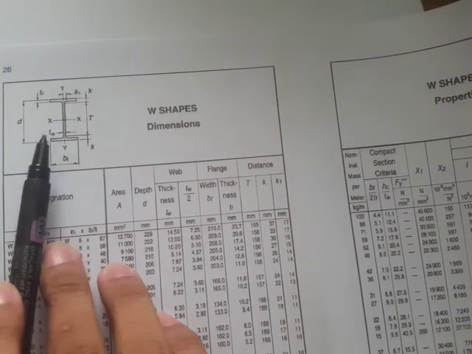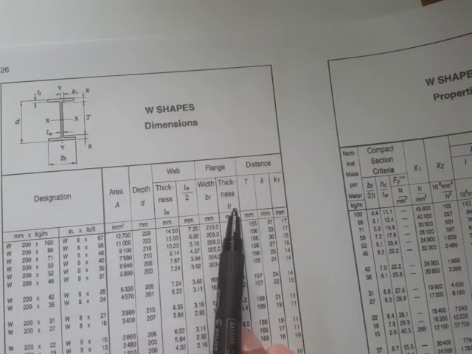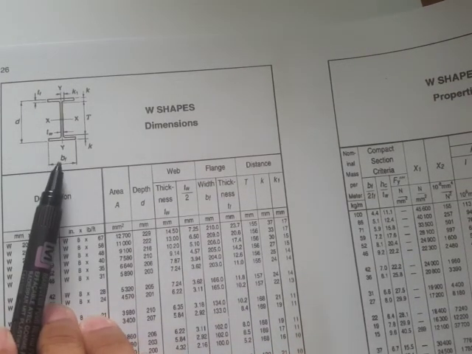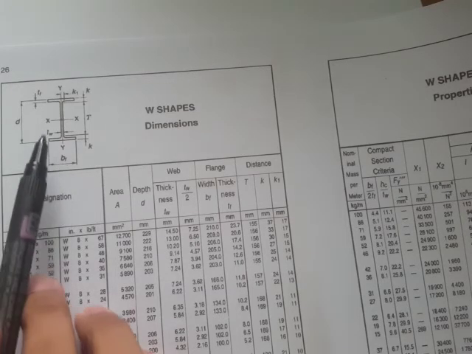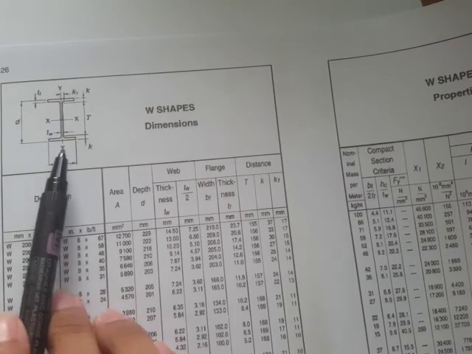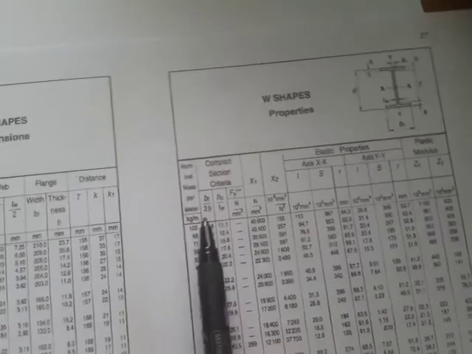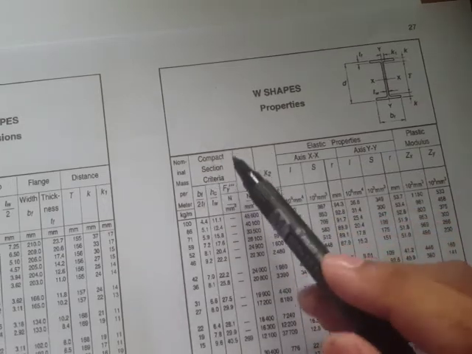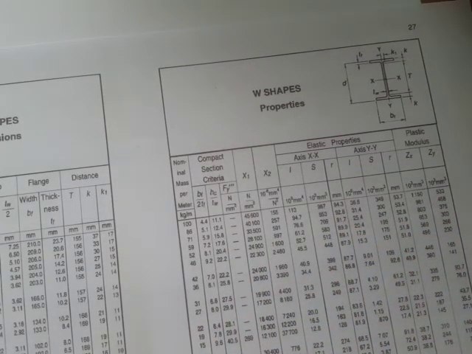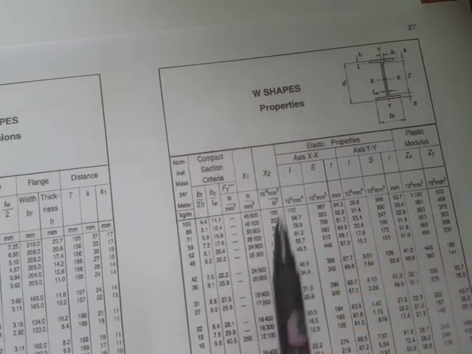And you also have the width of the flange, bf, and the thickness of the flange. Other details, like bf over 2tf, that's the compact section criterion. We'll encounter this when we get into the topic of flexural members or compression members.